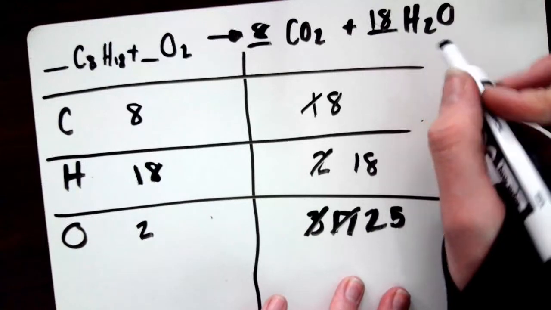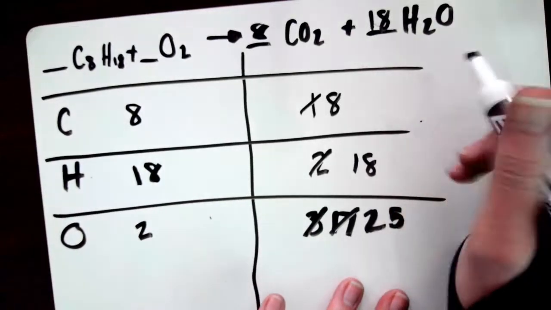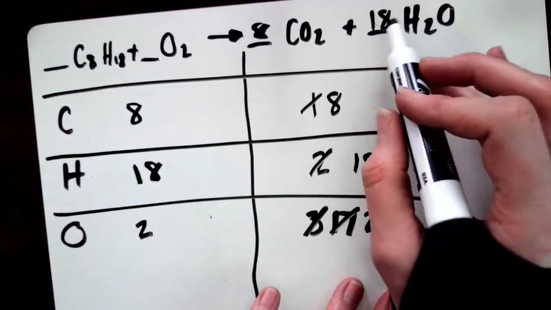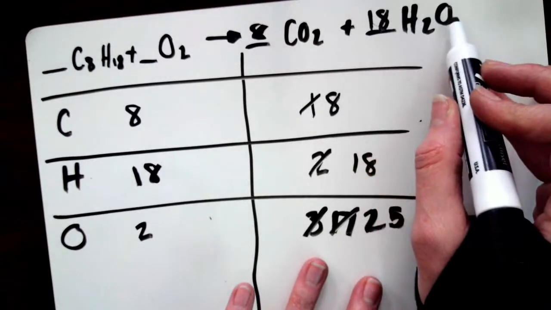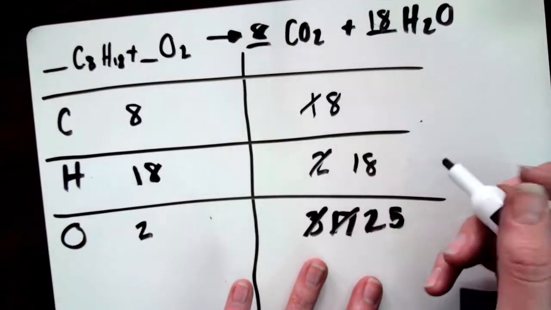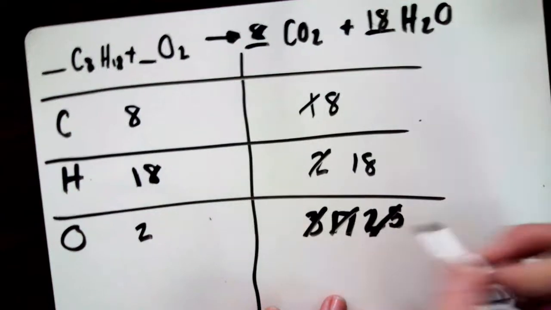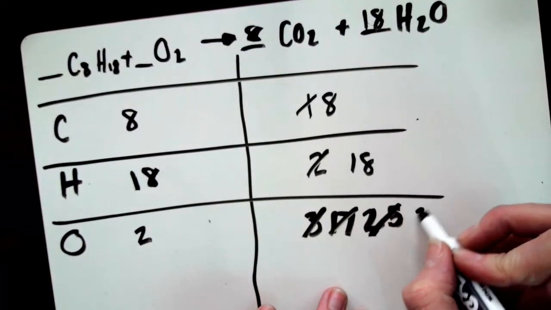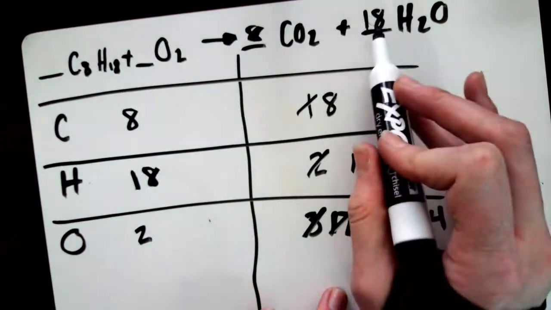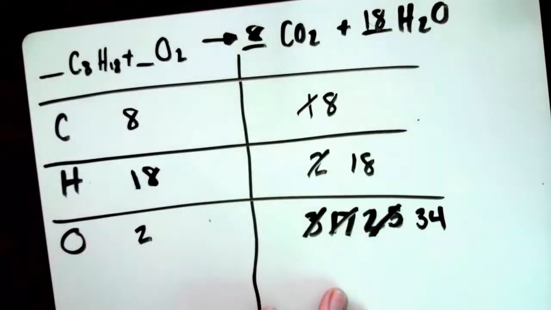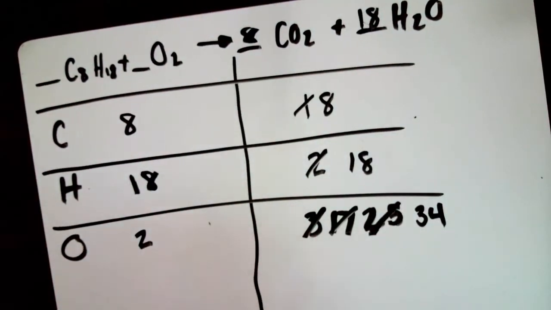So sometimes just taking it times 2 to get to an even number gets you somewhere to start with anyways. So I've got 18 oxygens here and I've got 16 here. So now I have 34 oxygens, right? 18 plus 16, yes. Okay, so 34 oxygens.